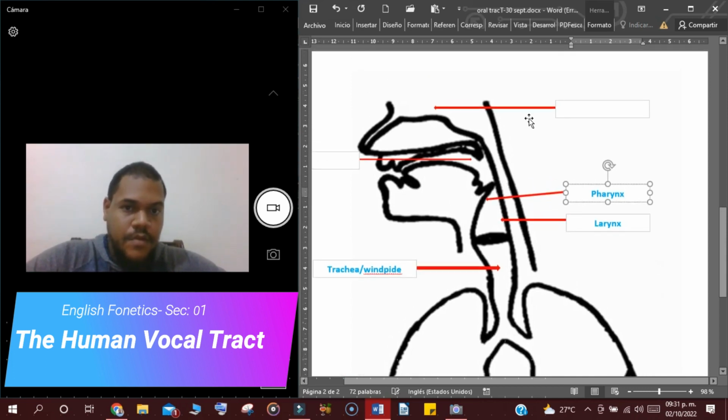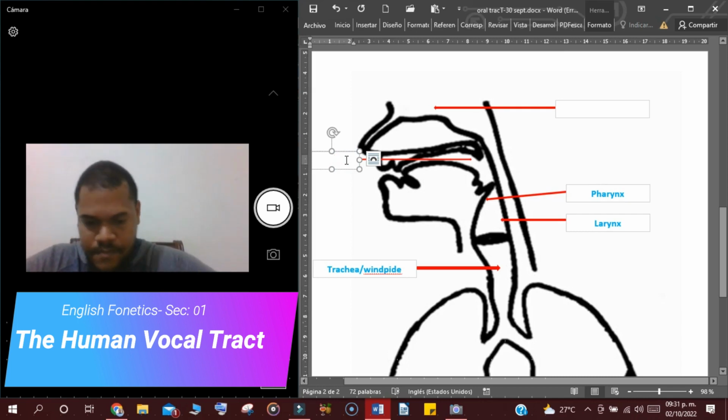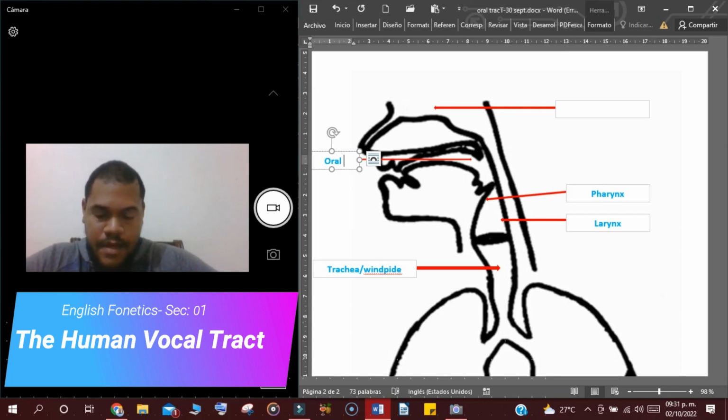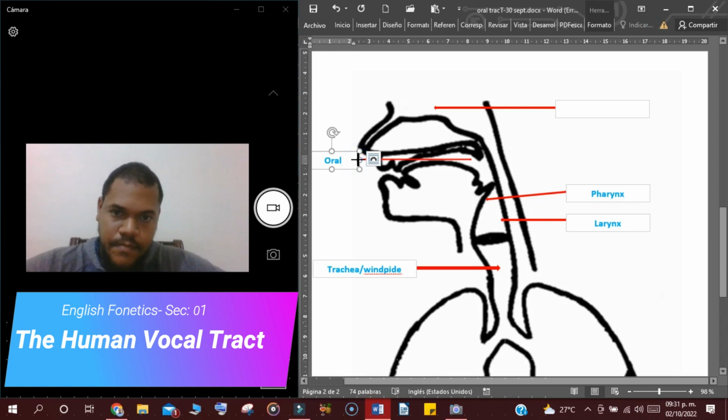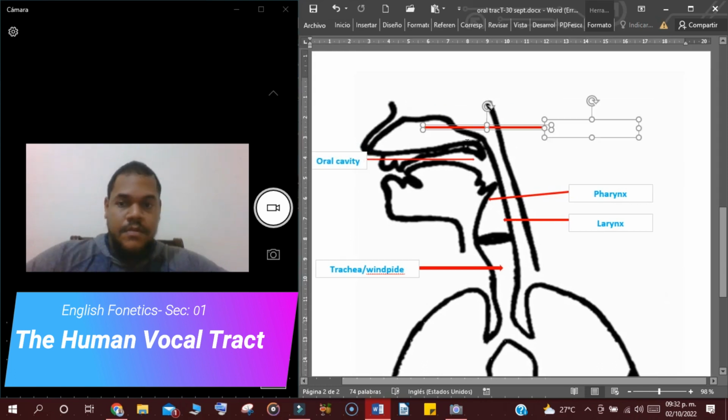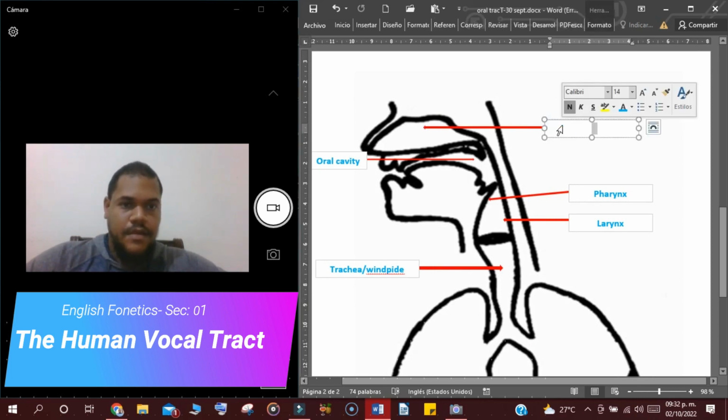So let's continue. Here we have the oral cavity. And right here we have the nasal cavity.